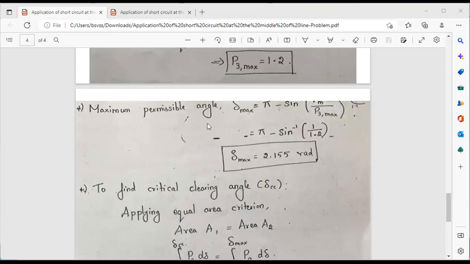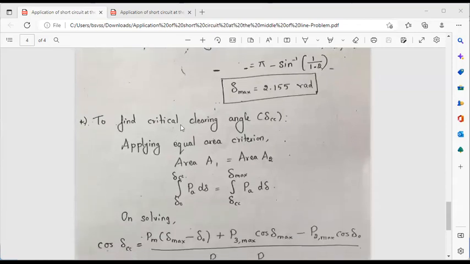Here we can calculate the maximum permissible angle del max, that is equal to pi minus sine inverse of Pm divided by P3 max. So pi minus sine inverse of Pm, which is 1, divided by P3 max, which is 1.2. Therefore, from this we can calculate del max is equal to 2.155 radians.